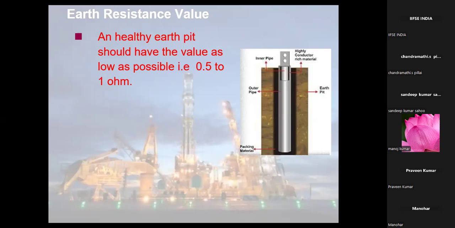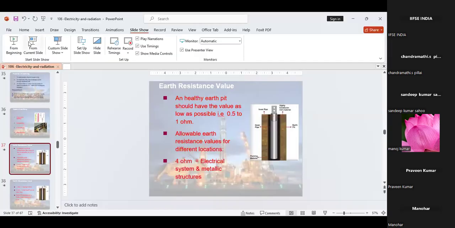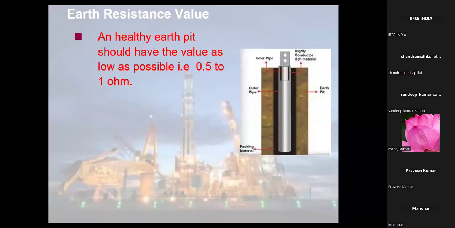Ankit, you want this particular point to be repeated? See, earth resistance value, how much should it have? For a healthy earth pit, like if you have one in your house, if you have got a new one made or an old one, if you check the values, it should always be a maximum of 1 ohm.